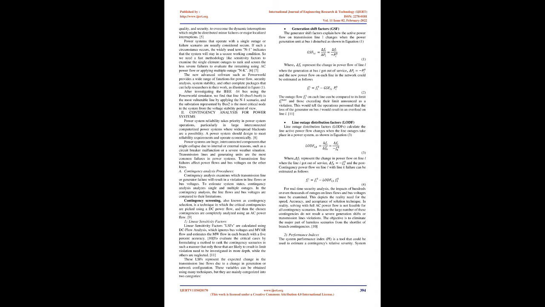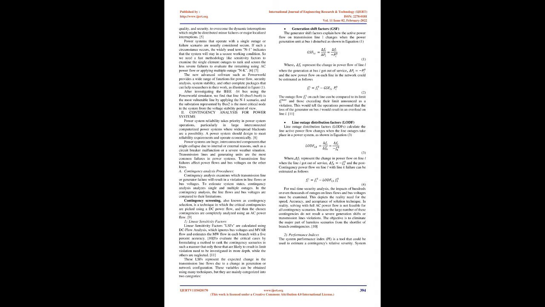However, the design of a power system should meet a certain degree of reliability, adequacy, quality, and security, to overcome dynamic interruptions, which might be distributed minor failures or major localized interruptions. Power systems that operate with a single outage or failure scenario are usually considered secure.